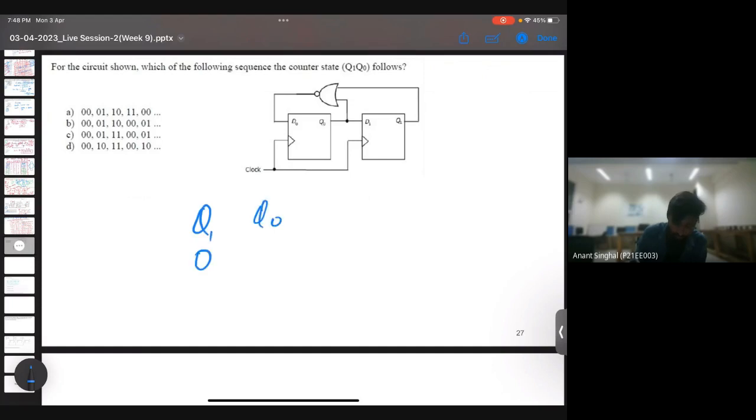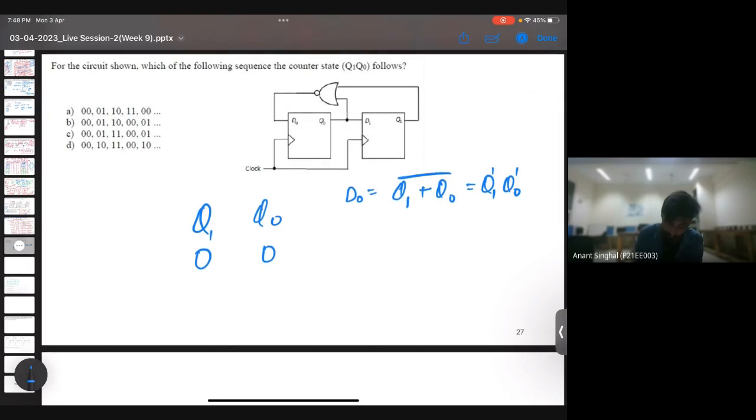So Q1 Q0 will start from 0 0, and this D naught is nothing but Q1 XORed with Q naught. Is it clear?